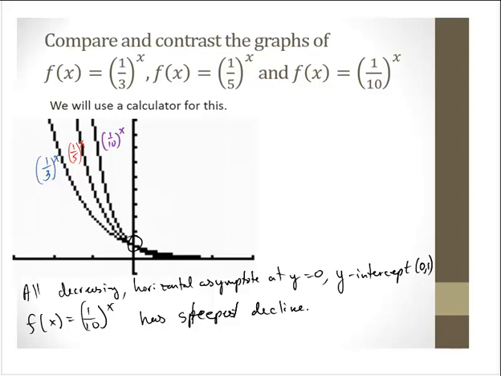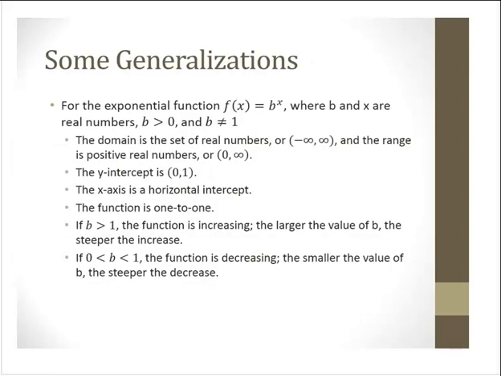All right, so let's put that information together. So some generalizations. For the function f of x equals b to the x, where b is greater than 0, not equal to 1, the domain is the set of real numbers, -infinity to infinity. The range is the positive real numbers, 0 to infinity. The y-intercept is 0, 1. The x-axis is a horizontal asymptote.